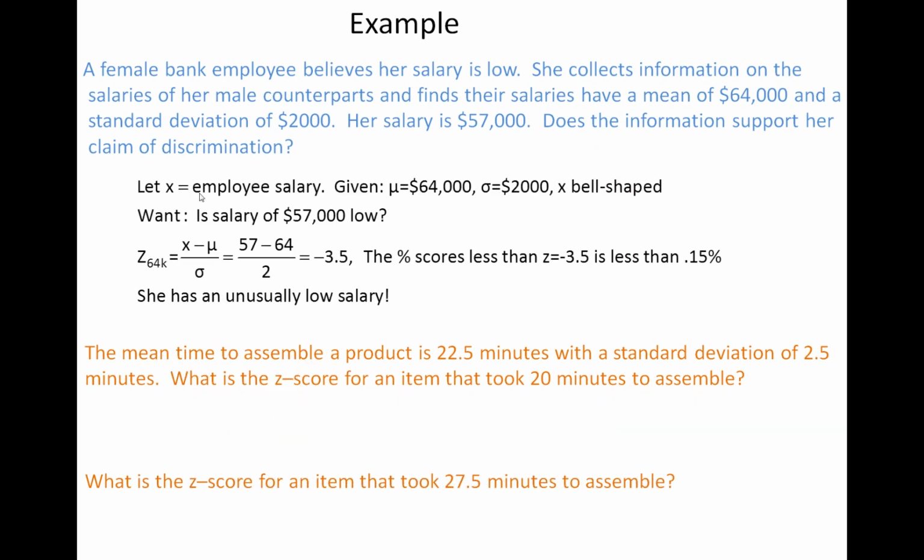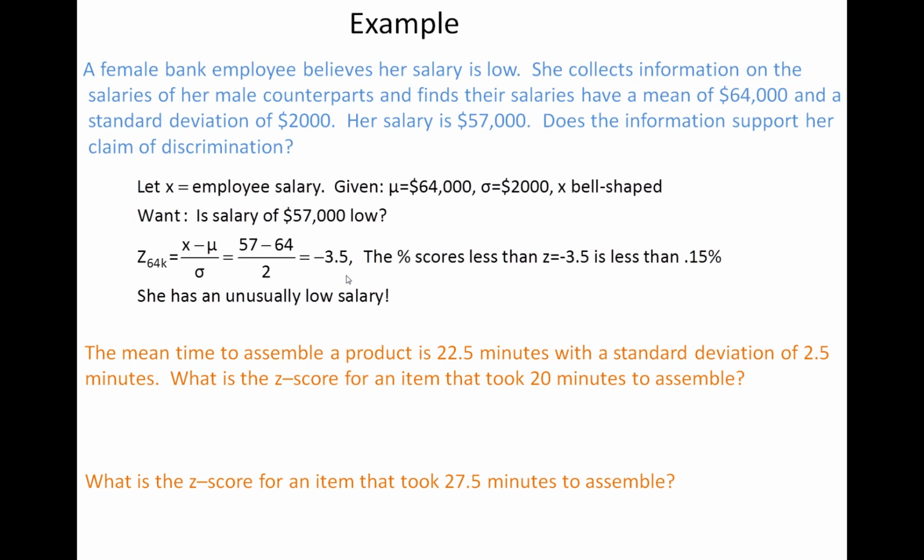Well, if X here is employee salary, and the information that we know about employee salary is that the mean is $64,000 and the standard deviation is $2,000, and if we also knew that the distribution for the data is bell-shaped, the question we're asking is if the value of 57,000 is low on the scale. So if you find the z-score of that, that's negative 3.5.